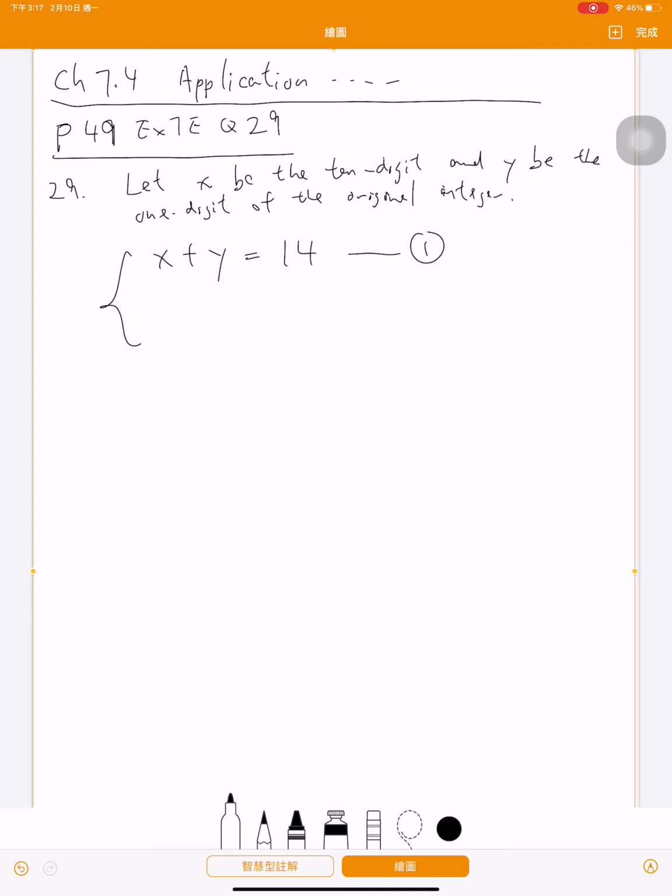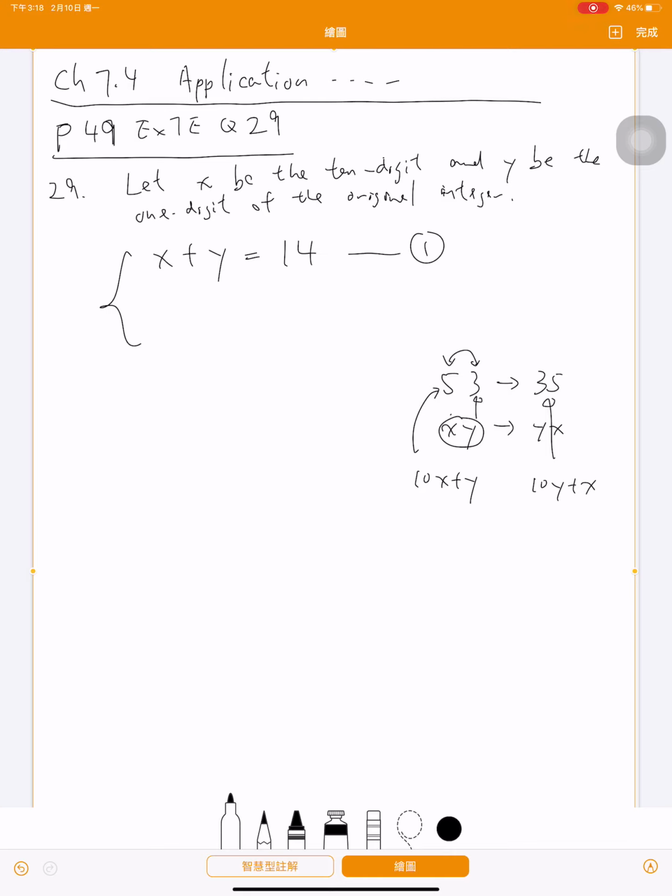The second one is a little bit more difficult. If the digits are reversed, that means 53 becomes 35, right? Just reverse the digits. That means xy becomes yx. But we know that we should not use xy, we should use 10x plus y to talk about the 53. So for here, we should use 10y plus x, right?